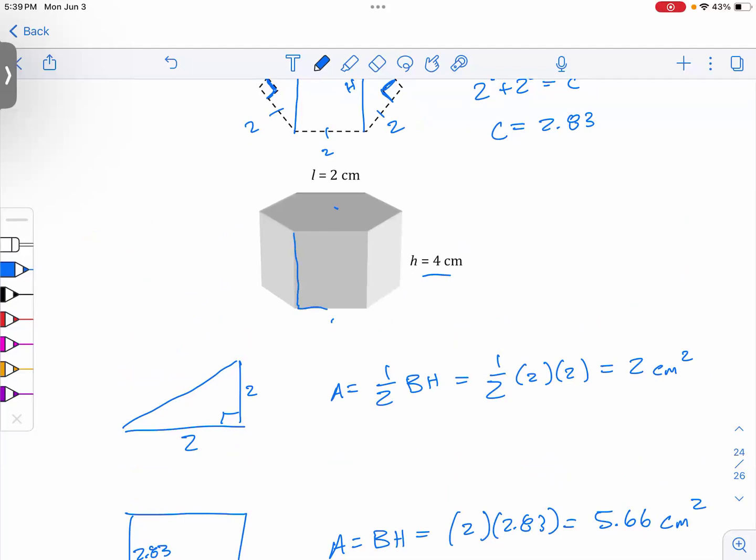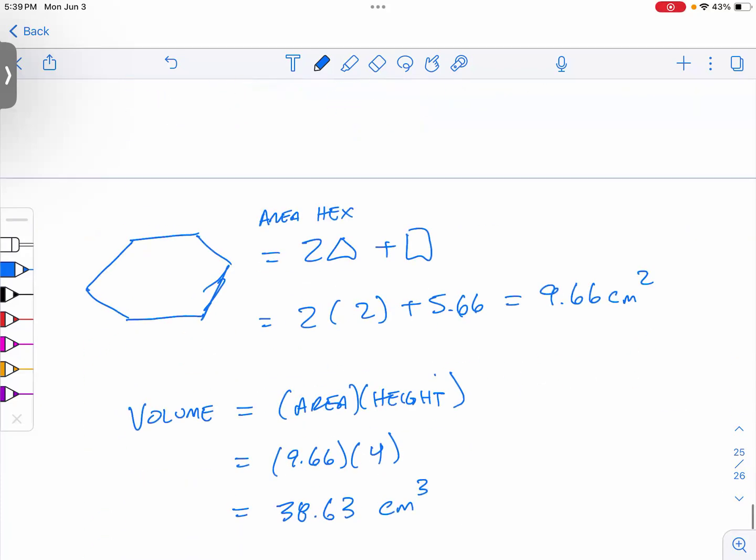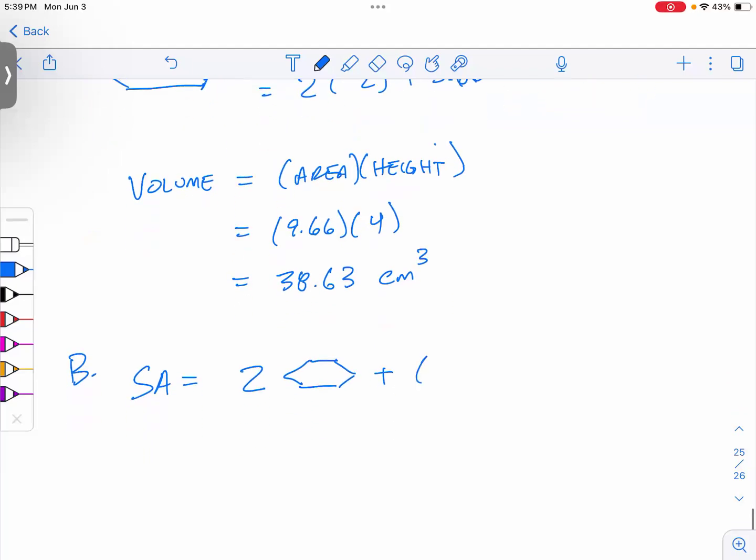Now, good news, all these sides are rectangles with a base of 2 and a height of 4. And since it's a hexagon, there are then 6 of those rectangles.